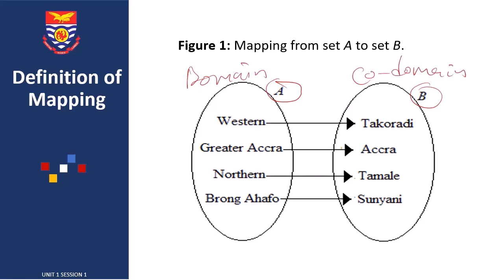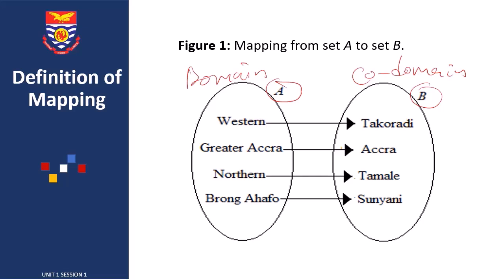Good. Now let's think of this arrow diagram as the names of regions in Ghana and their capitals. You can see that the capital of Western region is Takoradi, the capital of Greater Accra is Accra, Northern region is Tamale, and then you can also think of Sunyani.